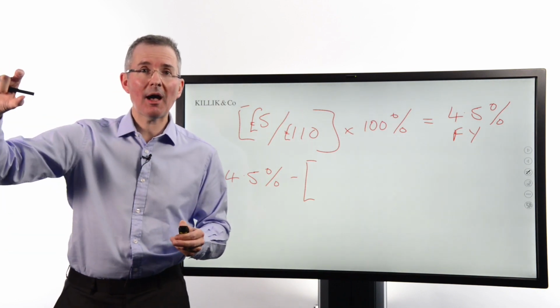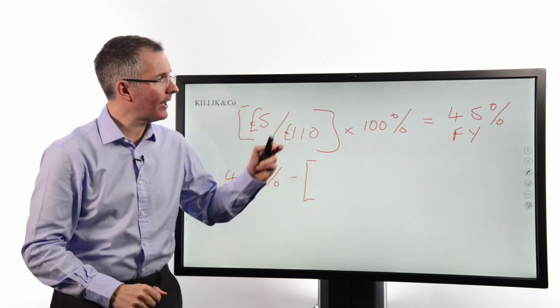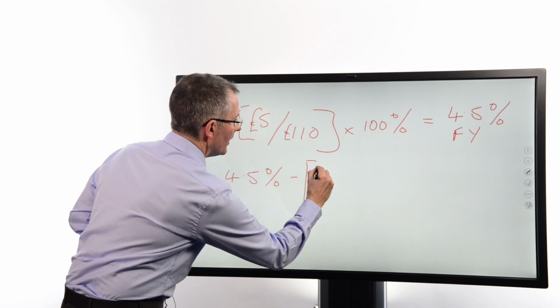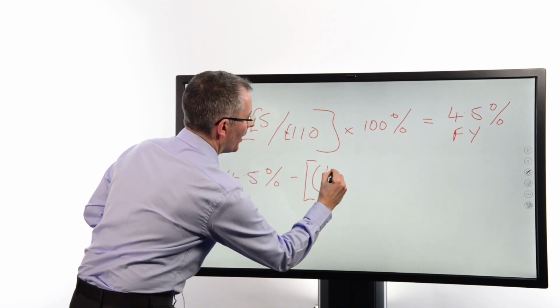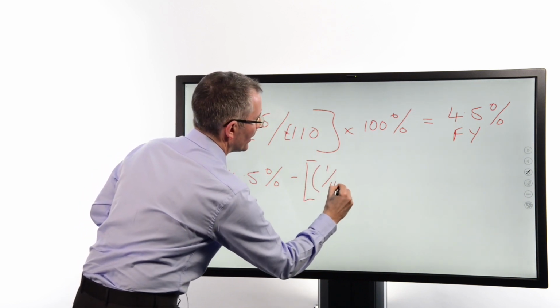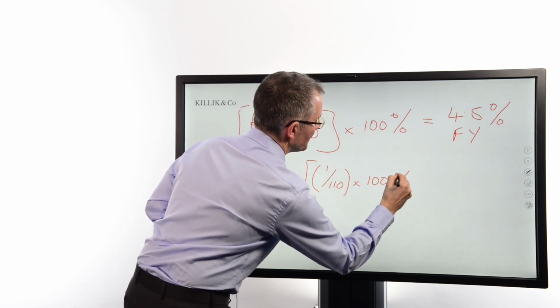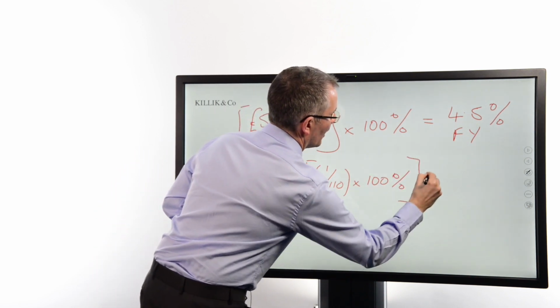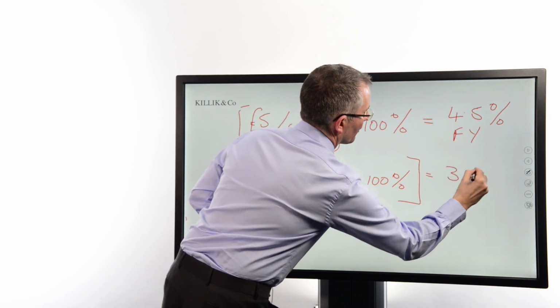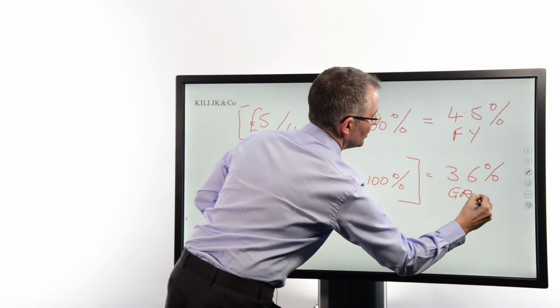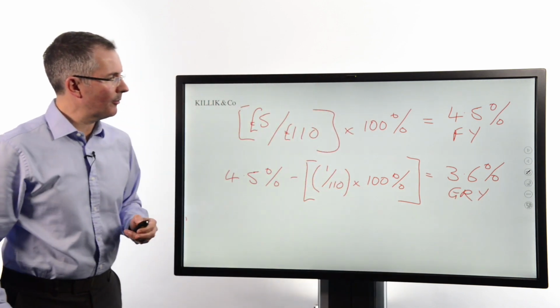So I'm losing £1 a year. What does that do to that calculation? Well, if I knock off £1 as a proportion of the current price of 110 and express it as a percentage, I get more like 3.6% as a gross redemption yield or yield to maturity.